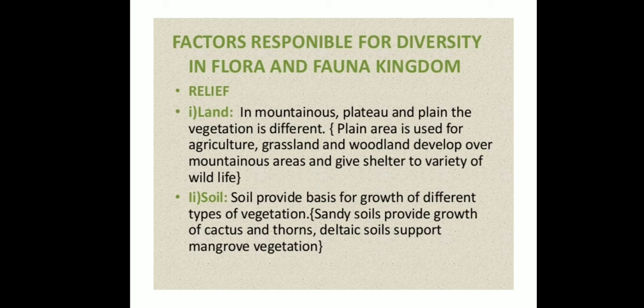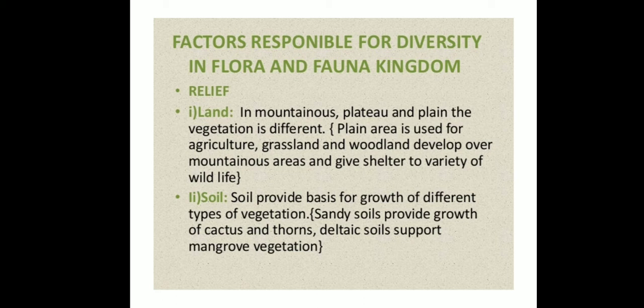In relief features, first comes land: mountains, plateaus, plains. The plain area is used for agriculture, while grasslands and woodlands develop over mountainous areas and give shelter to a variety of wildlife. The second relief feature is soil.